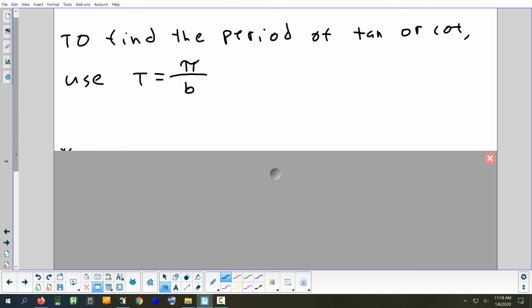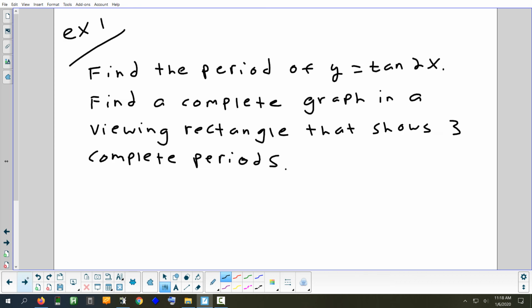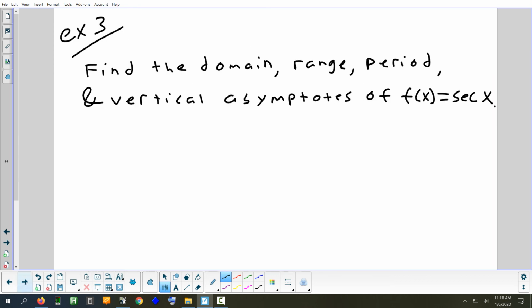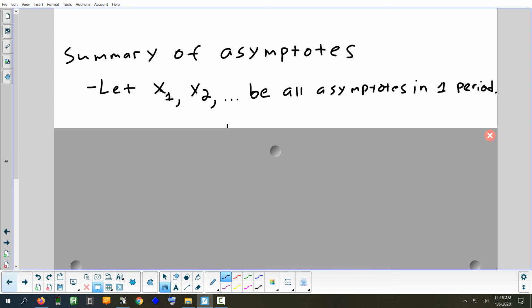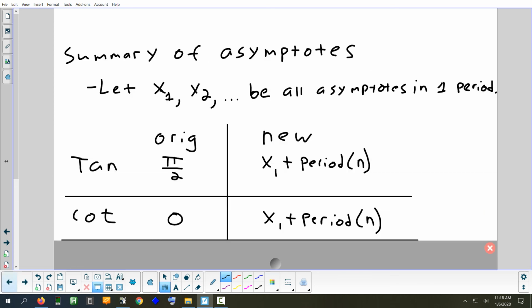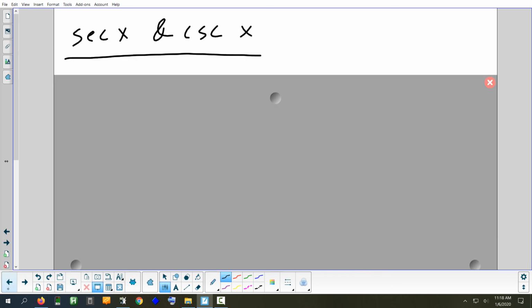In a couple slides I'm going to give you something helpful, a table that summarizes asymptotes.